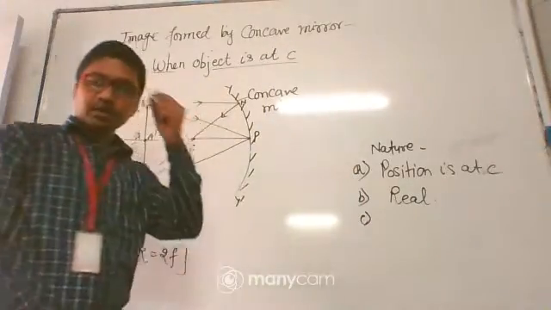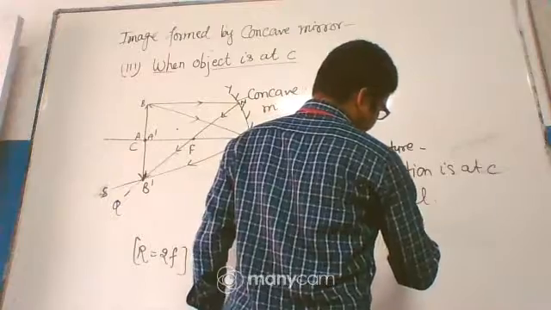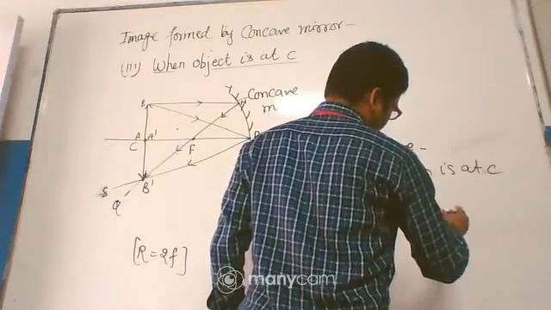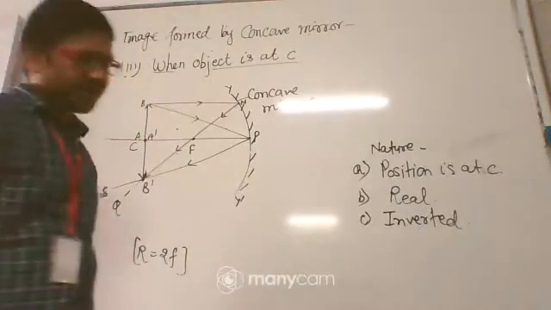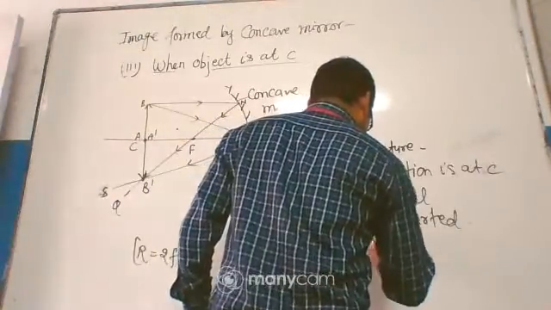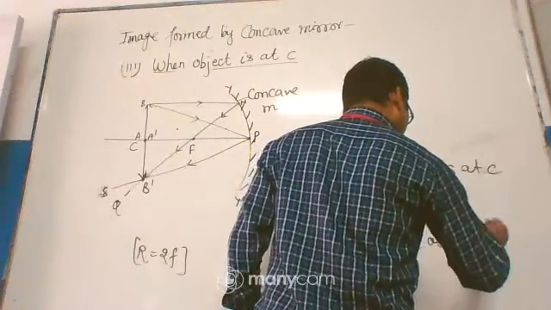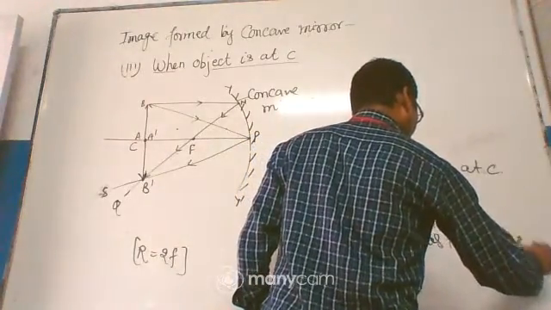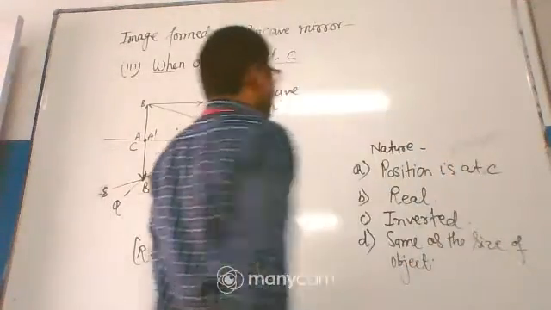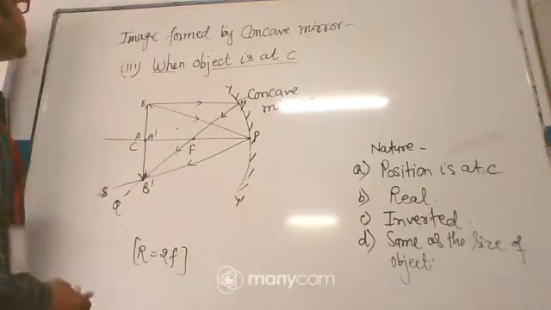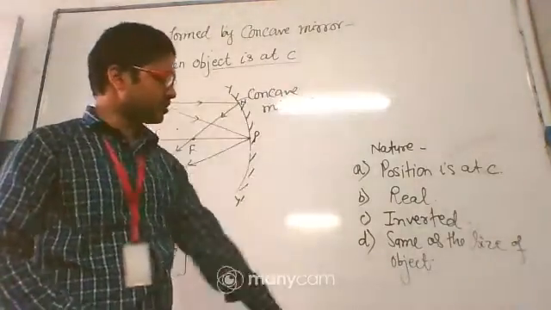Third, it is also inverted. And fourth, same as the size of object. So these are the nature of the image formed by concave mirror when object is placed at point C. So this is the nature.